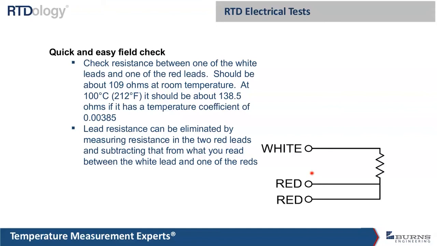So what that means is that there's 0.385 ohms of resistance per degree C of temperature change between 0 and 100 degrees C. Now it varies a little bit as you move between 0 and 100 because it's not a perfectly linear relationship. But on average, it's about 0.385 ohms per degree C. So that can help you out if you're trying to just estimate a temperature in between 0 and 100 if you're just trying to do a quick field check.